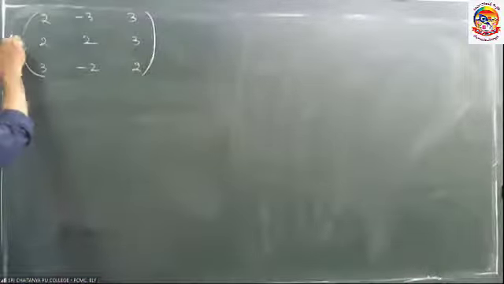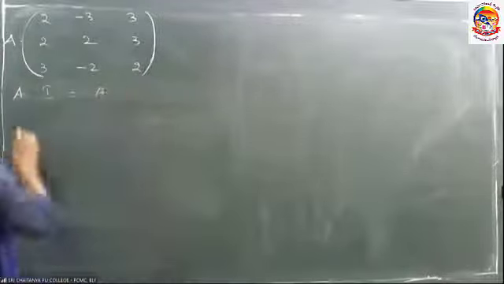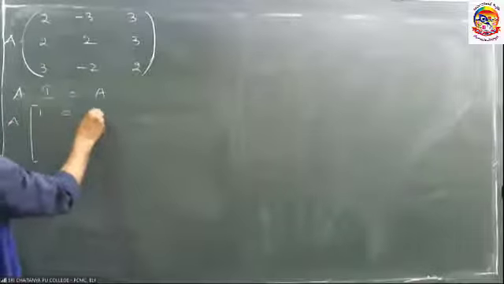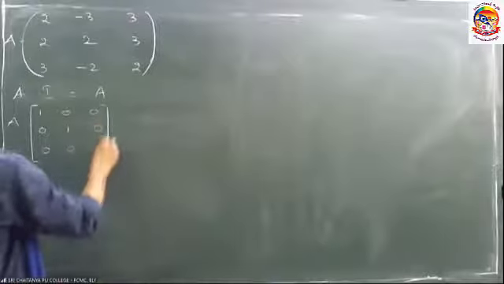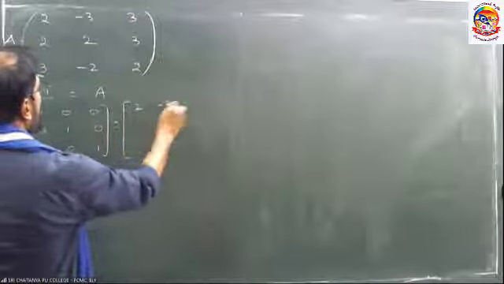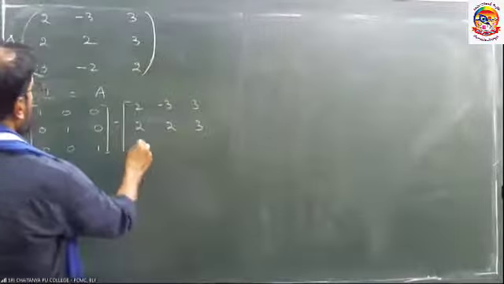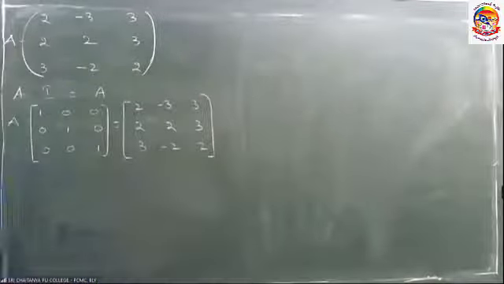I'm going to write capital A is equal to, and we know that AI is equal to A. A into I, where I is 1, 0, 0, 0, 1, 0, 0, 0, 1, is equal to 2 minus 3, 3, 2, 2, 3, 3 minus 2, 2. Right?